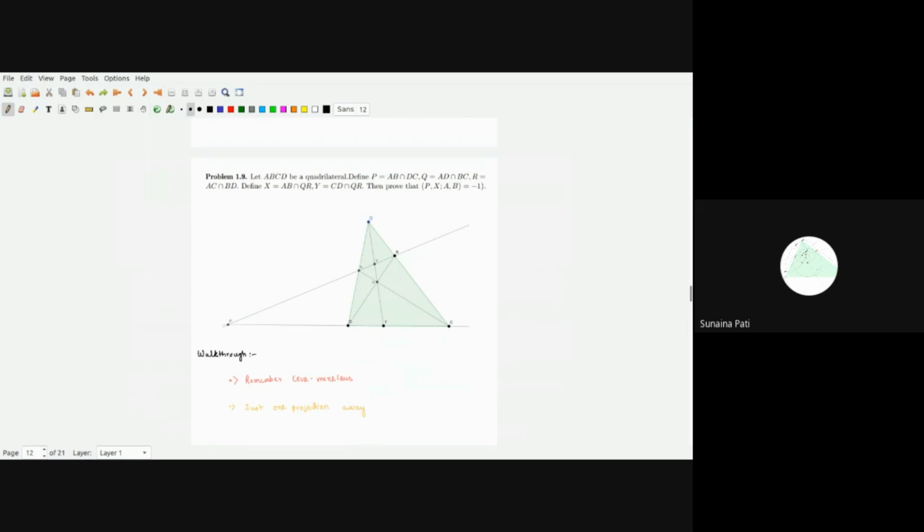It's basically finding one harmonic bundle and then projecting it from a good point so that you get P(XAB) as harmonic. It is just that only.